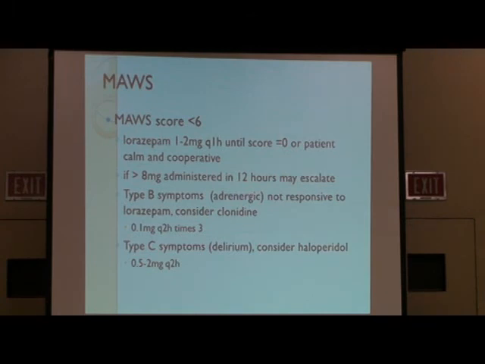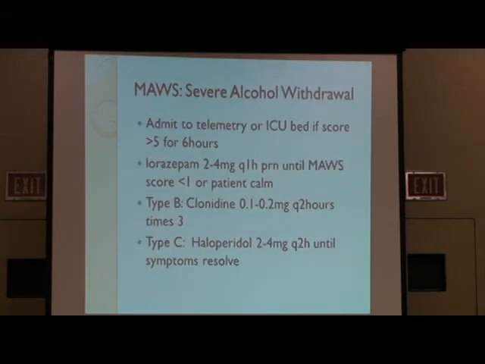It gets back to the pathophysiology of alcohol withdrawal syndrome. Or if they're having delirium, then considering haloperidol. If the withdrawal syndrome is more severe, then you simply ramp up the amount of drug that you use, and that's what this protocol does also. You can see those are essentially incremental increases in dosing.